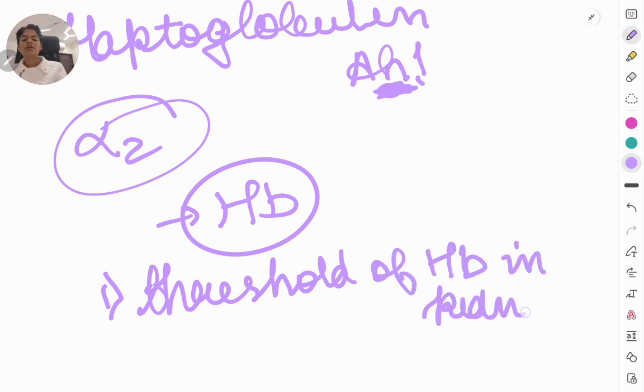How come? The body always tries to maintain homeostasis.